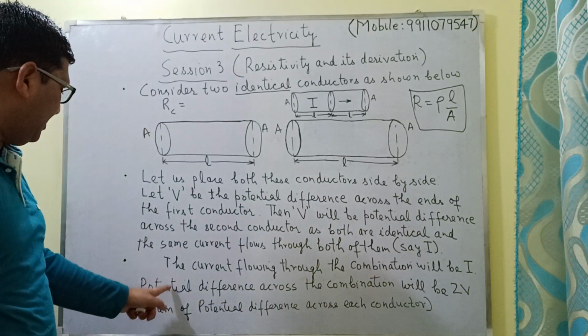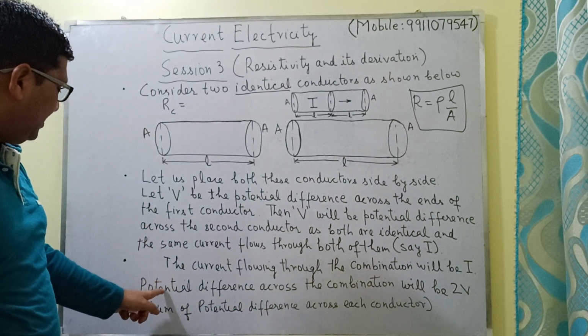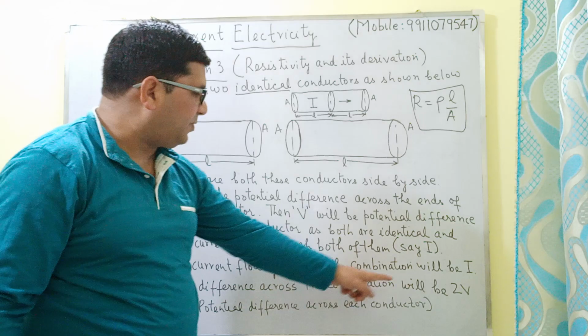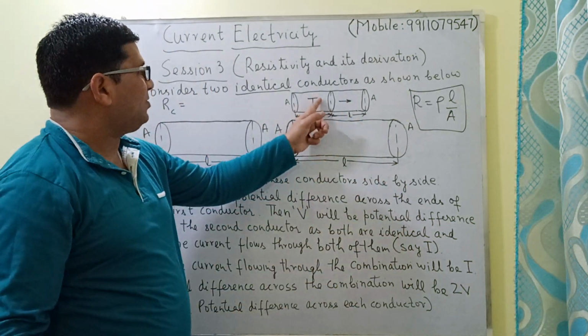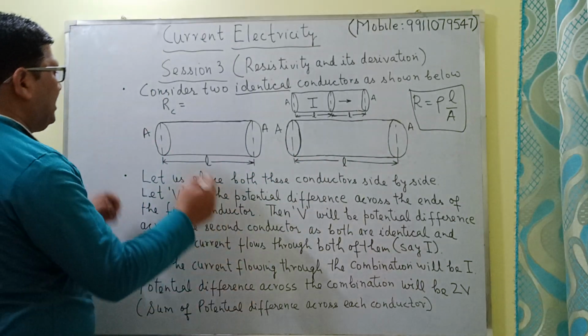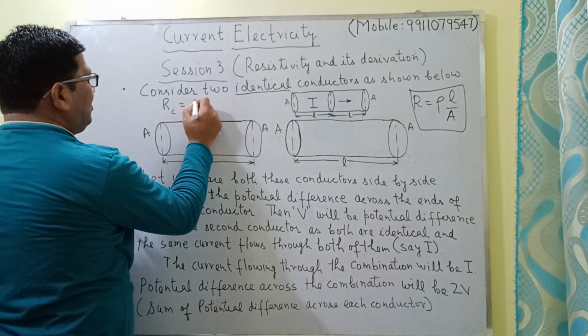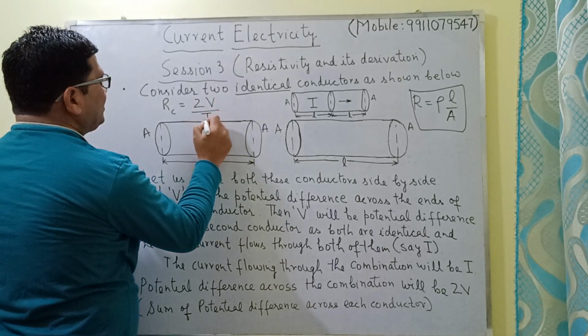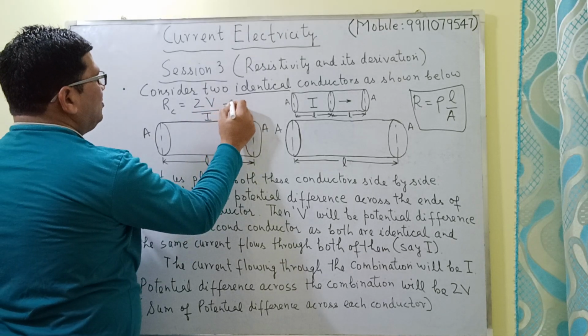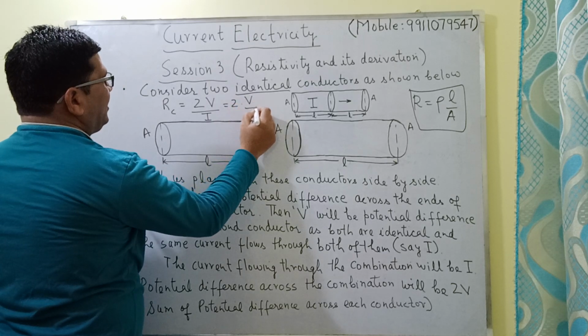I have already written here that the potential difference across the combination will be 2V, because it is the sum of the potential difference across each conductor, which has been taken as V. The current flowing through it is I. So this is equal to 2 times V upon I.